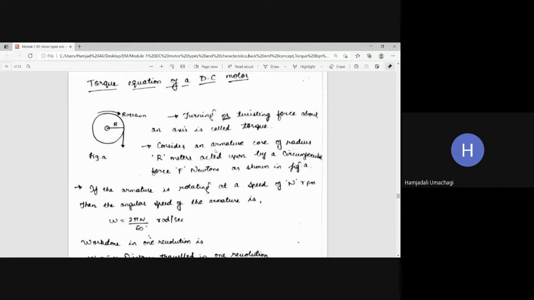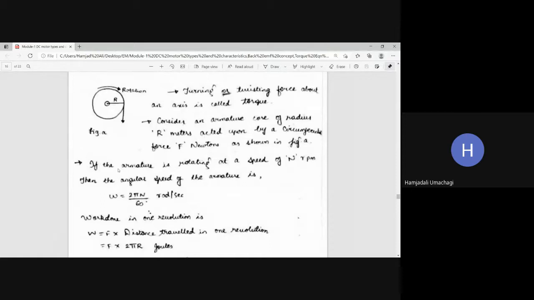Consider an armature core of radius capital R meters acted upon by a circumferential force capital F newtons. So here you are given an armature core with radius capital R, and it experiences a certain circumferential force of F newtons as shown in figure A.